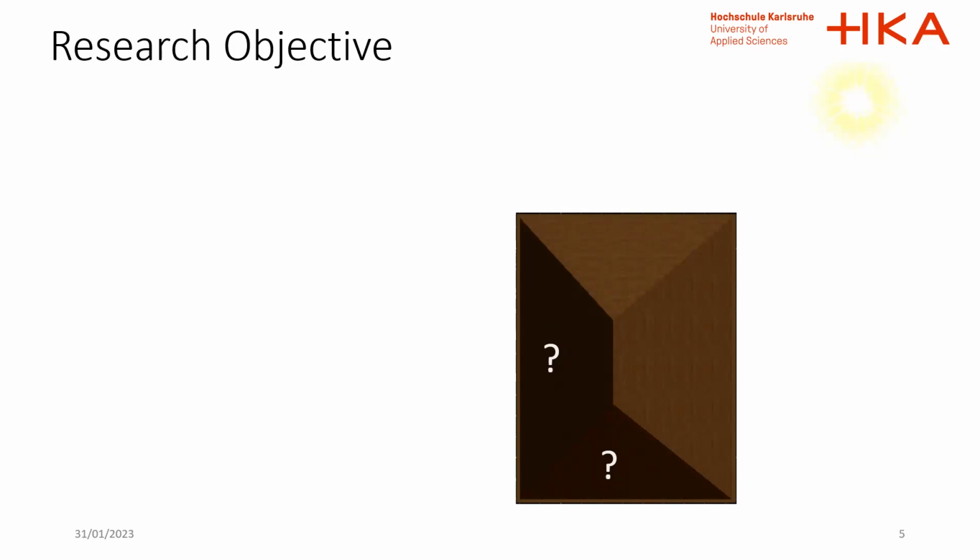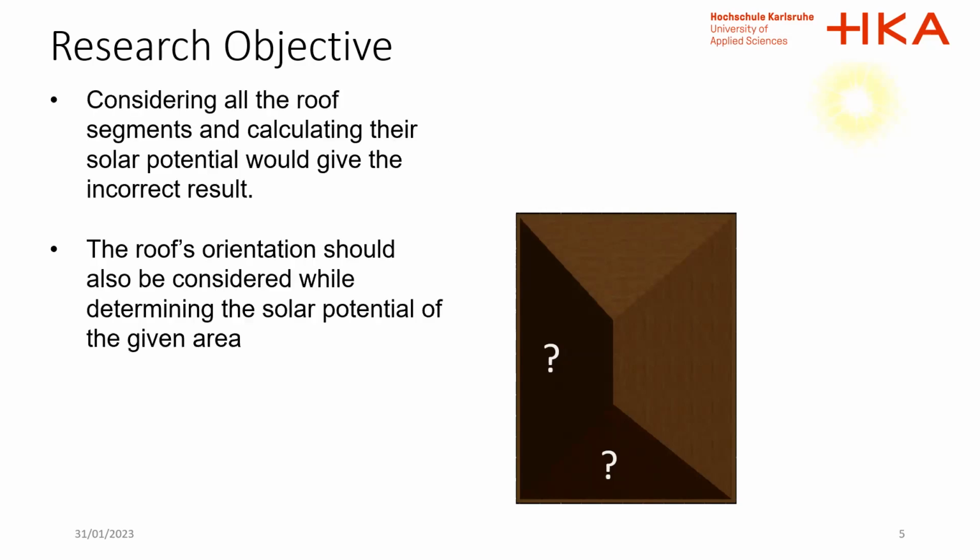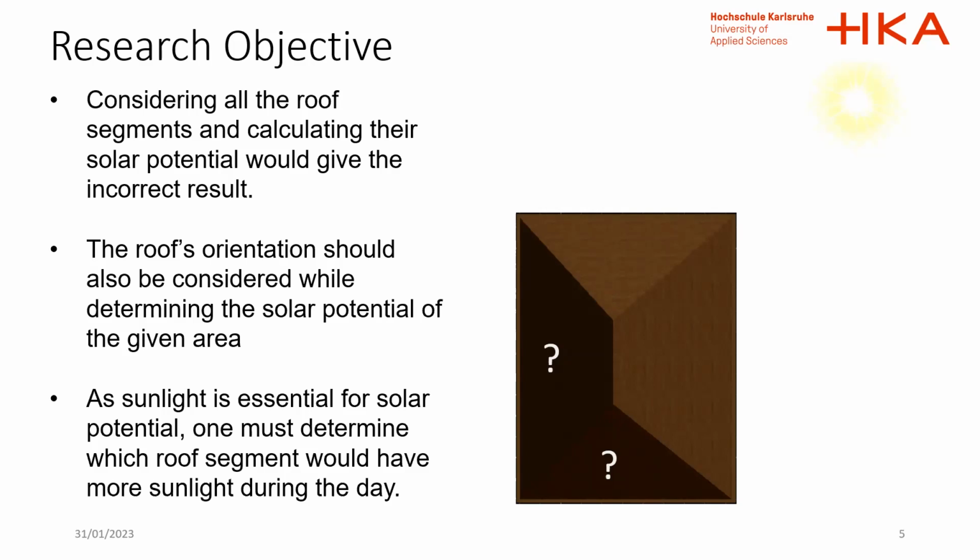So we have to keep in mind that one of the sides will receive more solar potential. Adding all the solar potential will be vague and has no importance at all. These are the things I have written here, so roof orientation should also be calculated.